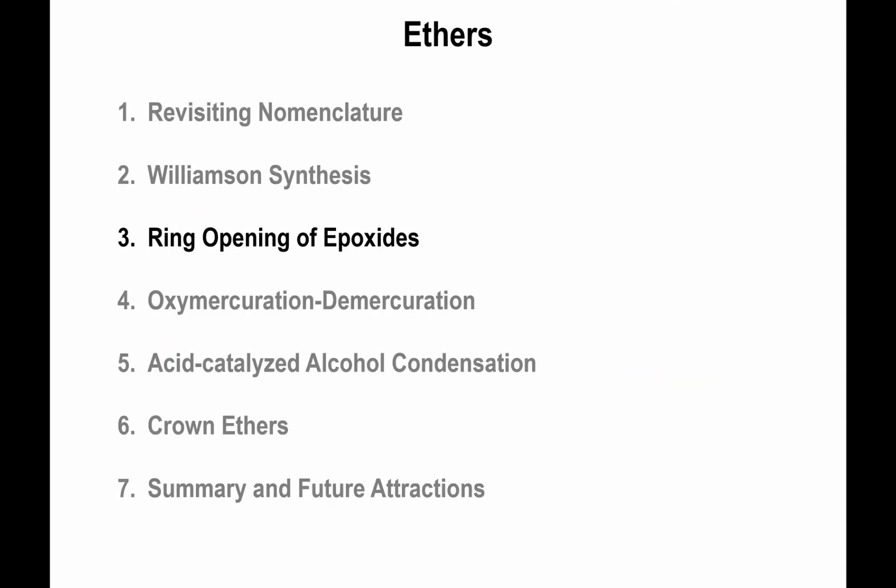Okay, so that's the way in which you go about synthesizing your ethers via the Williamson synthesis. In the next video, I'm going to show you how you can form epoxides and how you can utilize epoxides to make further ethers. So I'll see you in the next video.